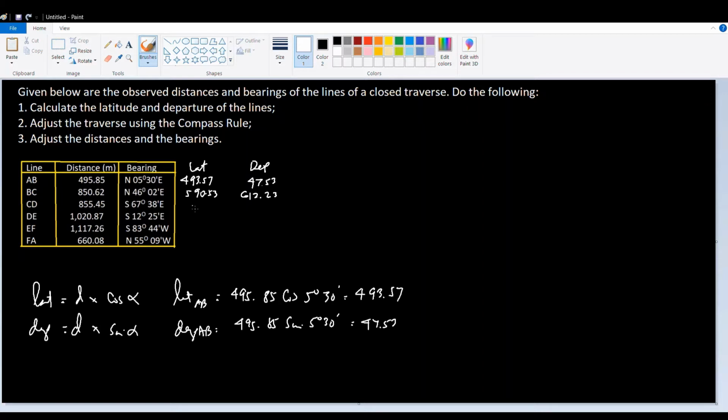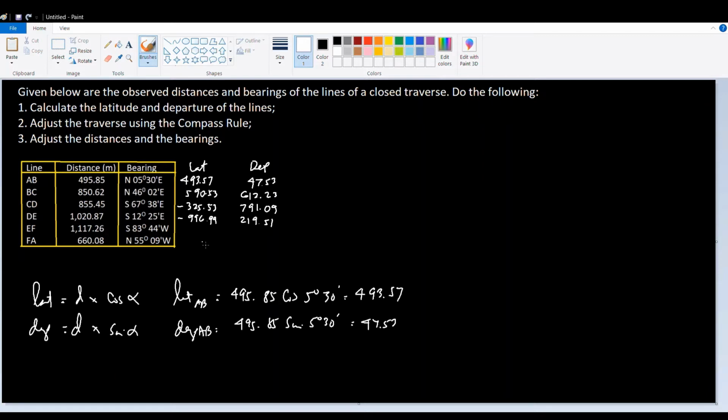For line CD, the latitude will be negative 325.53, while the departure is positive 791.09. We now go to line DE. We'll be getting negative 996.99, and the departure is still positive at 219.51.